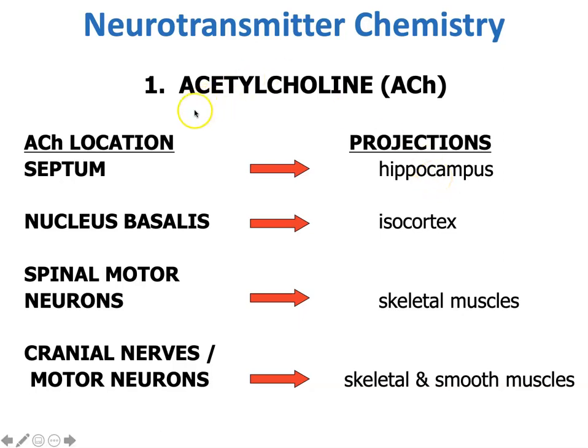We also think, and there are some papers that suggest, that these acetylcholine synapses within the septum or within the hippocampus may enhance the coding of a memory. The isocortex is also thought to be involved in memory function.